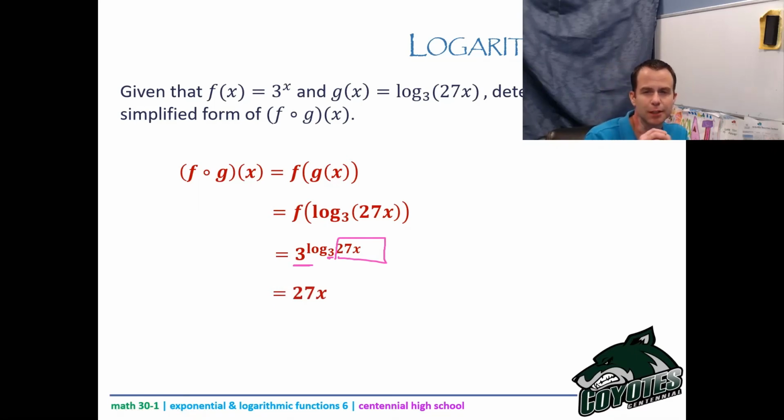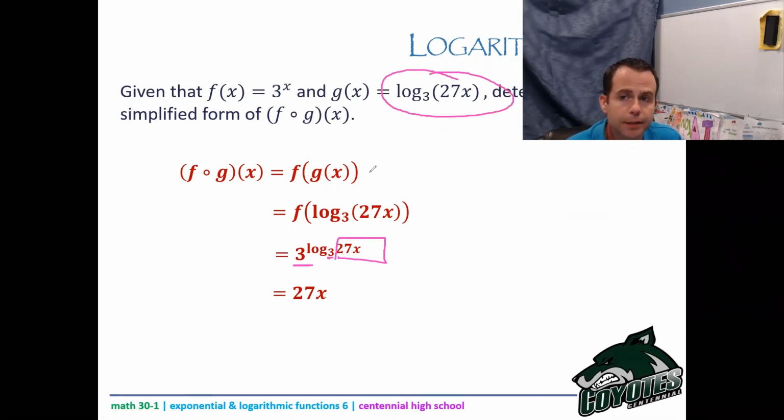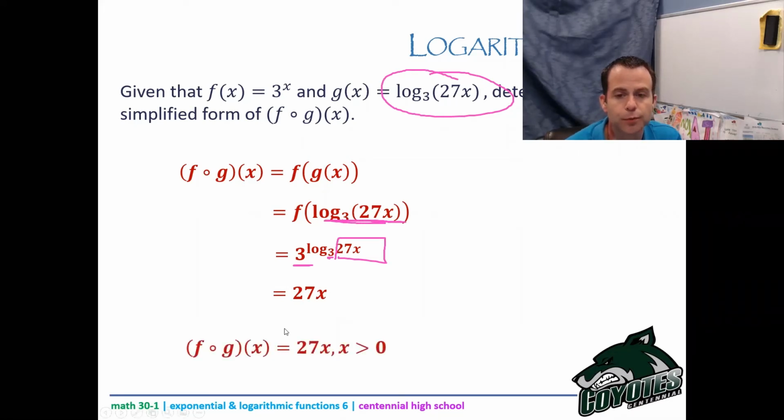Because I was dealing with logs in the first place, the restrictions on that guy would have been x is greater than 0. So those restrictions still exist. You would have to say that f composed with g of x is 27x where x is greater than 0.